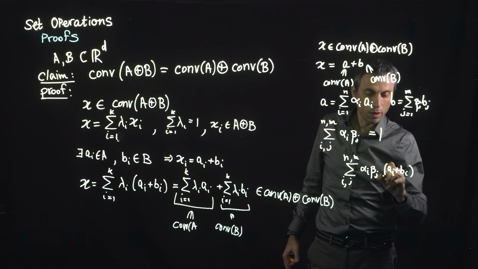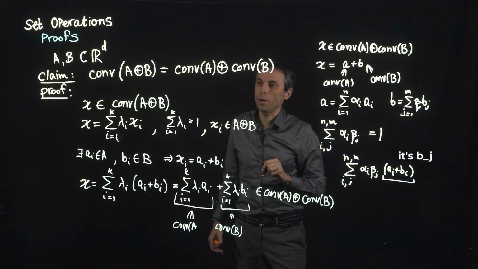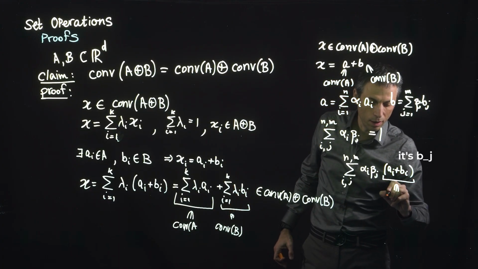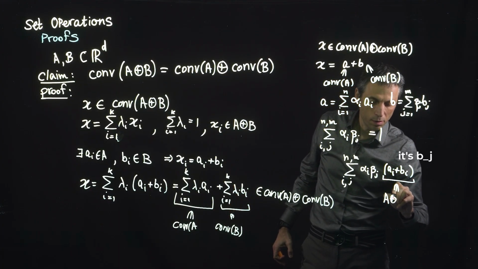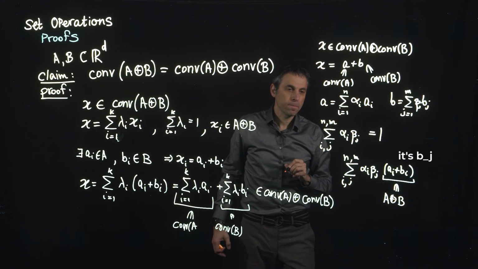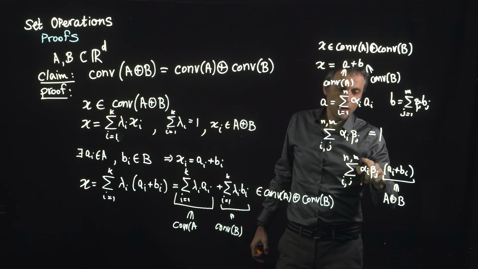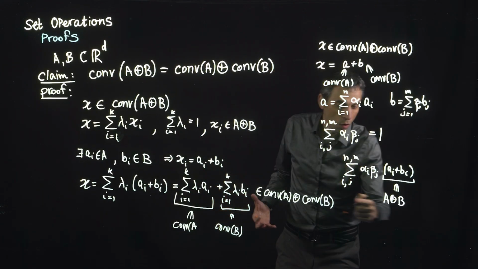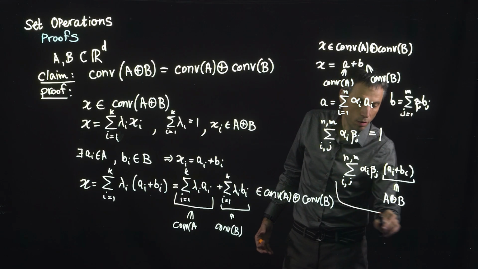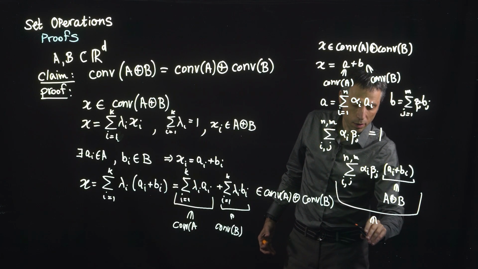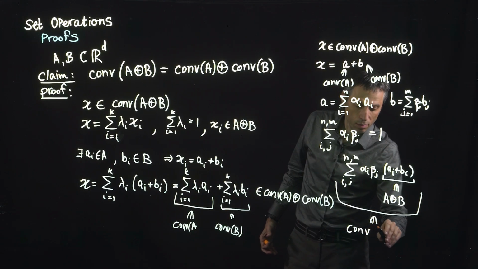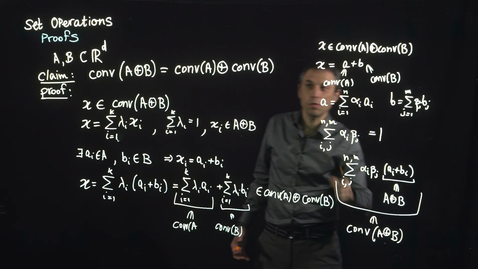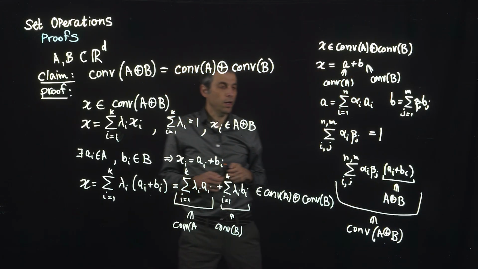And we know that this is part of A plus B, by definition. This is going to be a linear combination of such points, and therefore all of this expression has to be in the conv of A Minkowski sum B.